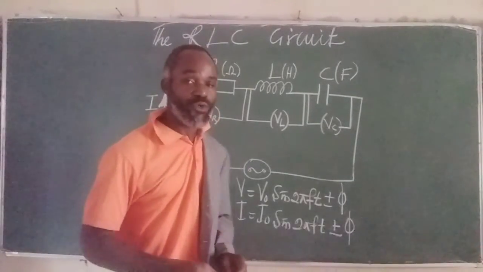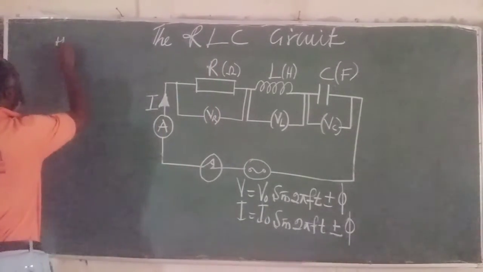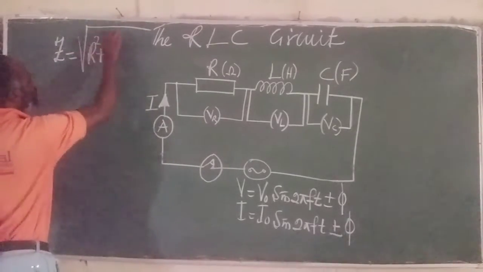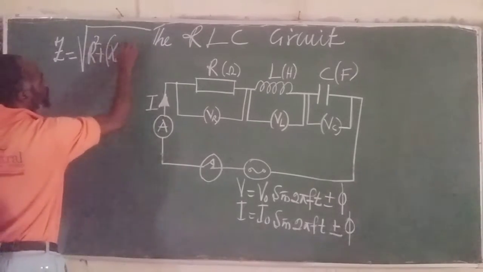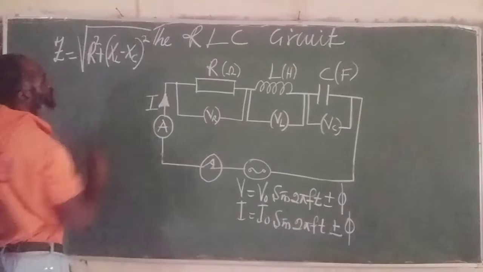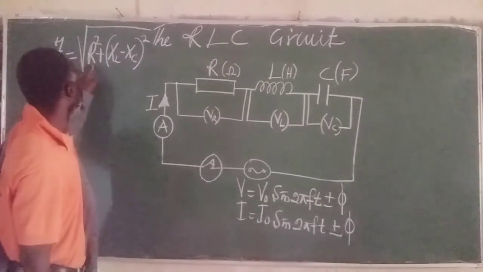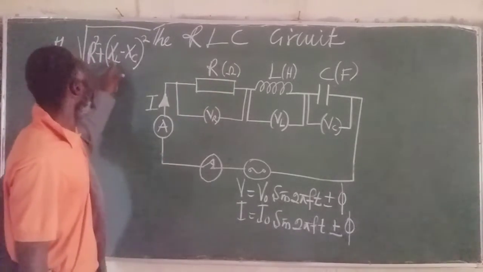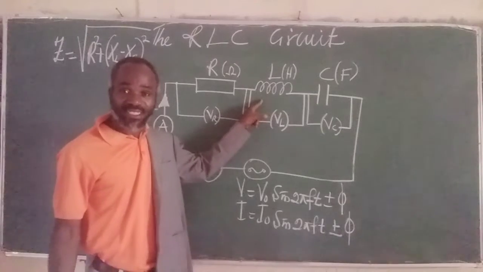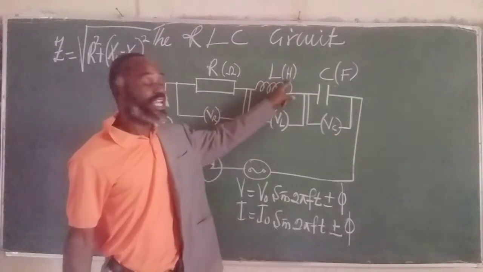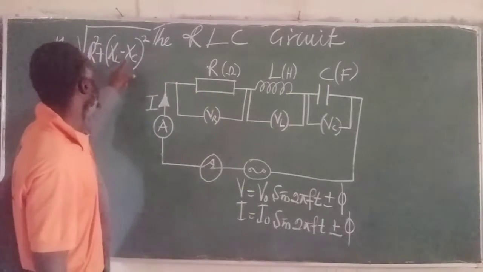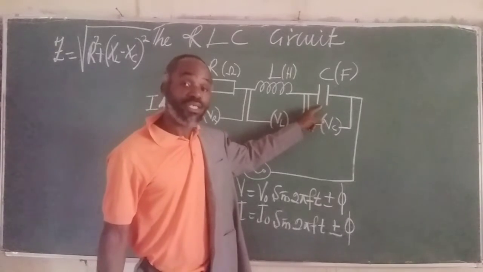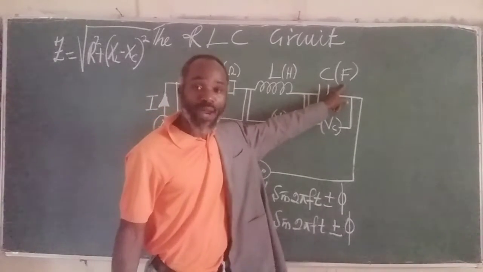In my previous video, we arrived at the impedance given as root R squared plus (XL minus XC) all squared, where R represents the resistor measured in ohms, XL represents the inductive reactance of the inductor measured in Henry, and XC represents the capacitive reactance of the capacitor measured in farad or microfarad.